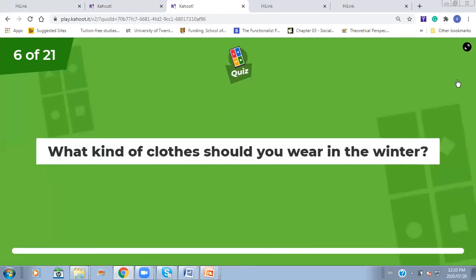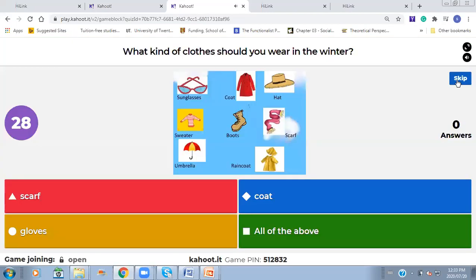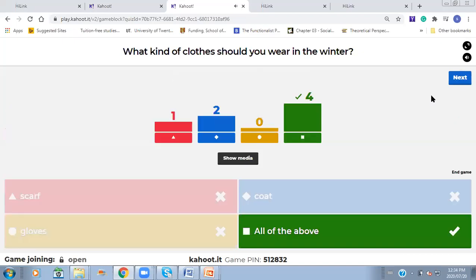What kind of clothes would you wear? What kind of clothes should you wear in the winter? Okay, all of the above. Yes, some got it right. All the above.